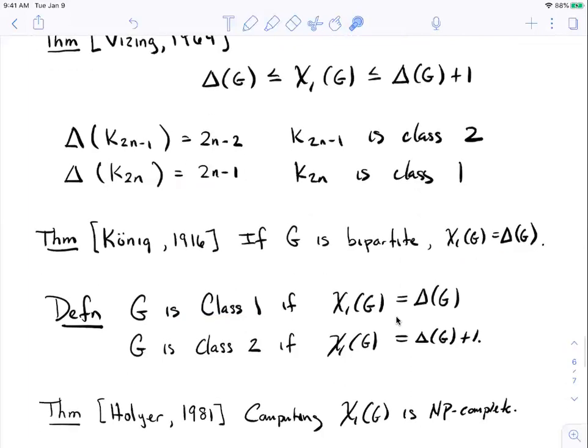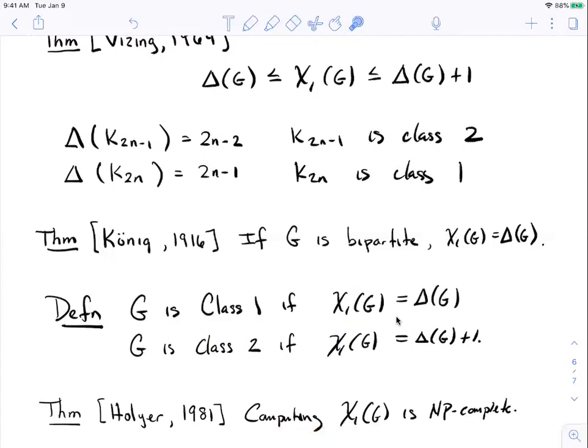Interesting. And then the last thing I want to mention, kind of bringing back this topic of complexity that I never fully understand, is that despite this teeny interval, that every graph has an edge chromatic number that's either Δ(G) or Δ(G) plus 1, it was proved by Holyer in the 80s that algorithmically computing the edge chromatic number of a graph is an NP-complete problem.